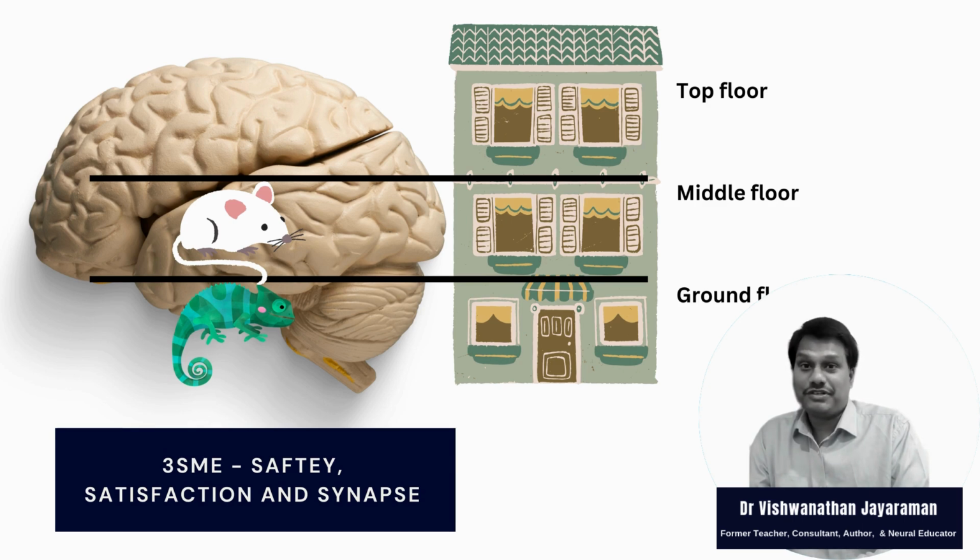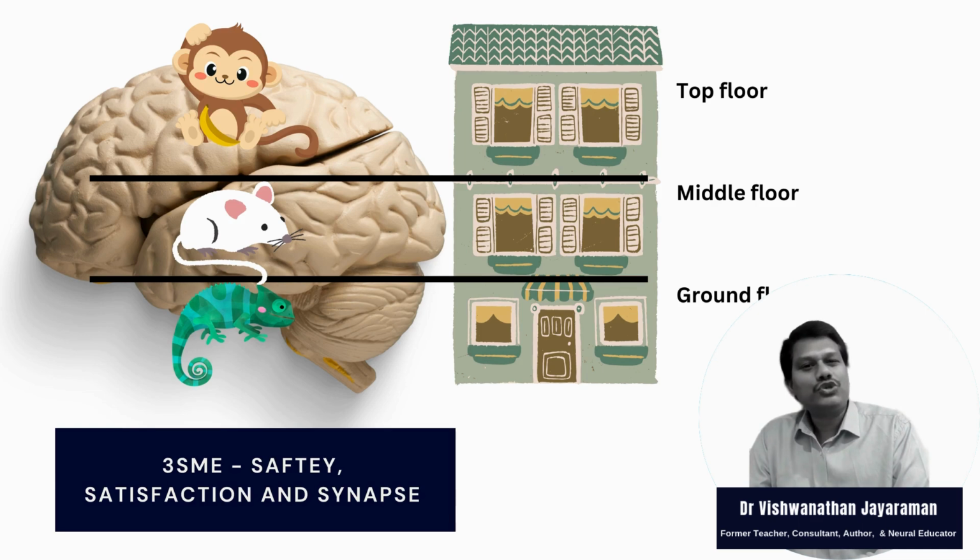And then on top of that, we have the cortex associated with the primate or especially the human stage of evolution. It's also called the human brain or the thinking brain. If the students are in this region, then they are in the metacognitive zone of learning. Therefore, they are thinking about their own thinking, and in other words, 100% learning happens over here.